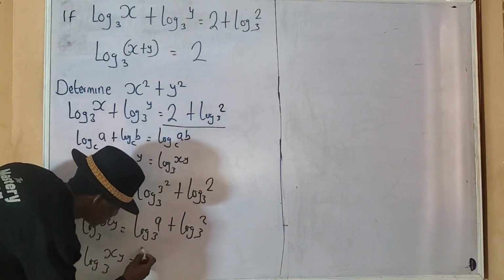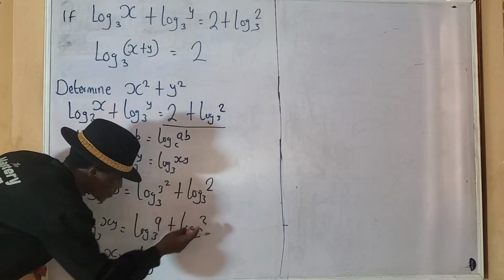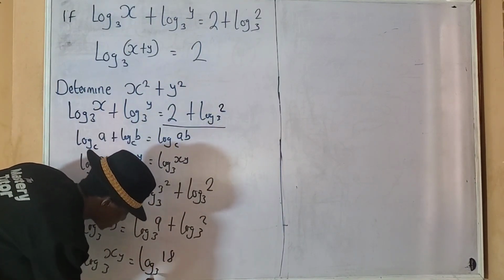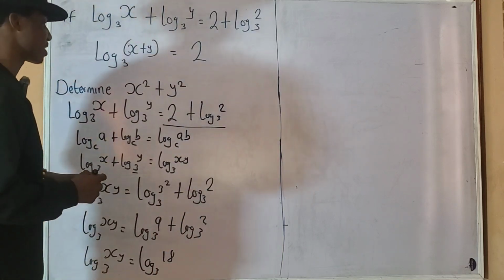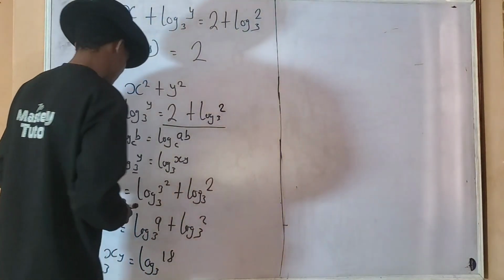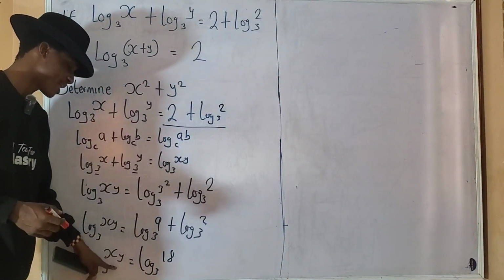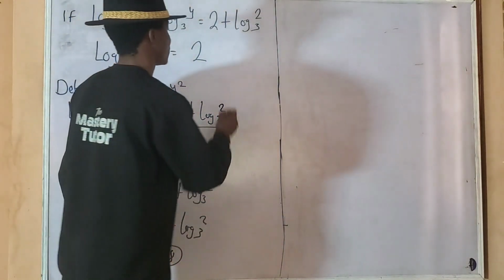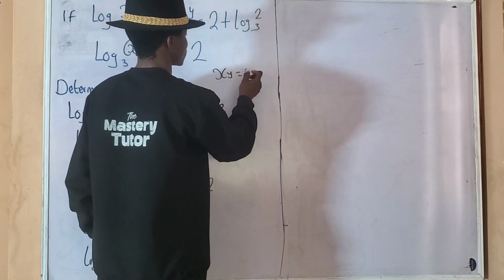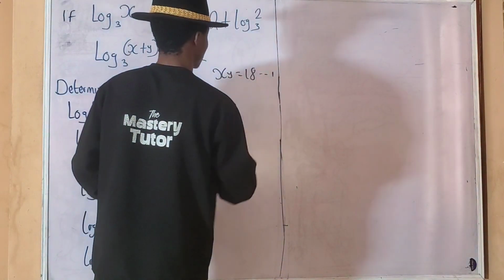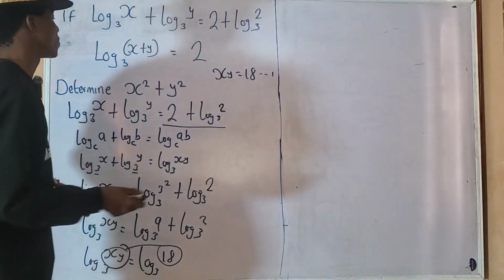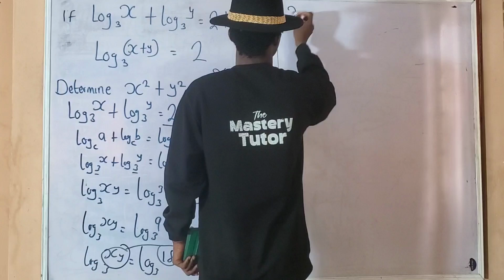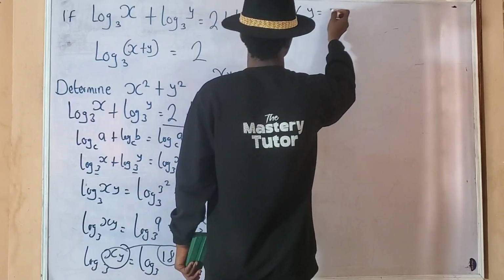So I'm going to have log 9 times 2, that is 18 base 3. Okay. We can now equate, because the logs are the same, I can say xy equals 18. Do you understand? Let me call this xy equals 18, equation 1.